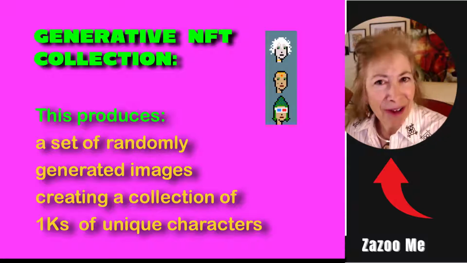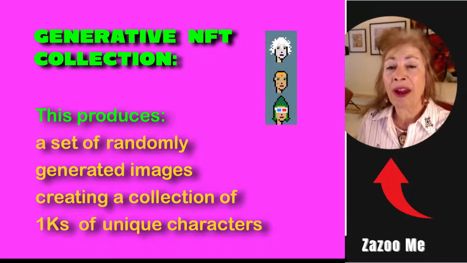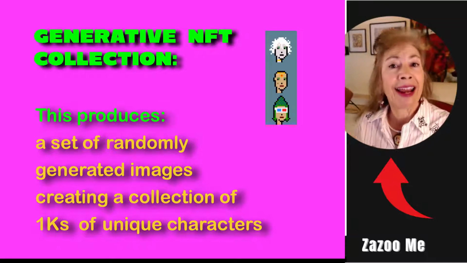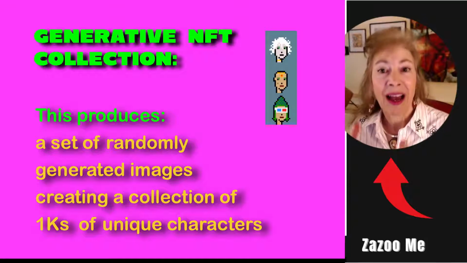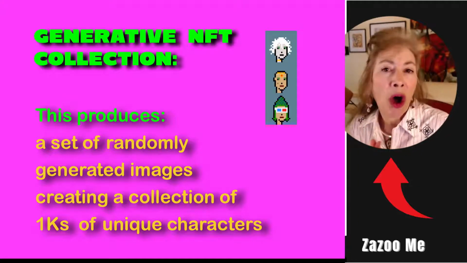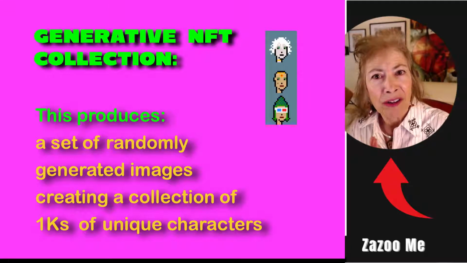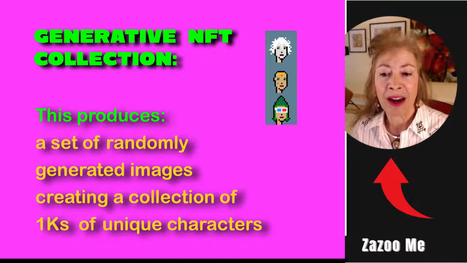The ultimate outcome is that it produces a set of randomly generated images which create a collection of thousands of unique characters. So you may only have a total of 150 layers, but you can generate 10,000 unique characters from that.